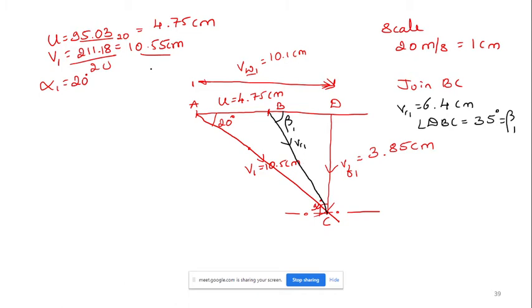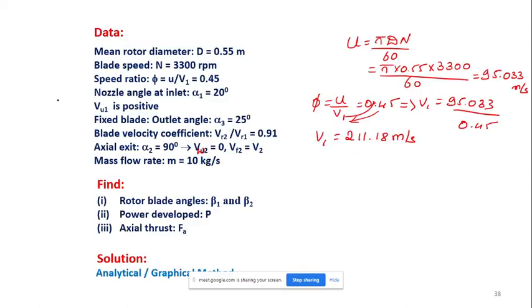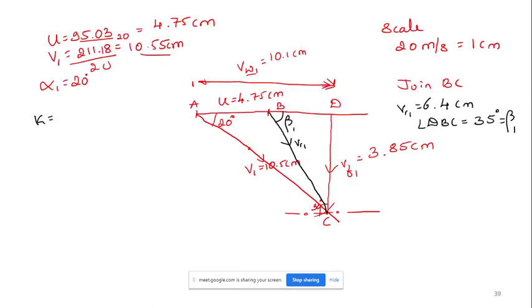Now they had given the friction factor, or the K value. Have you noted down the K value? Sir, the K value is 0.91. What is K? K is VR2 by VR1.